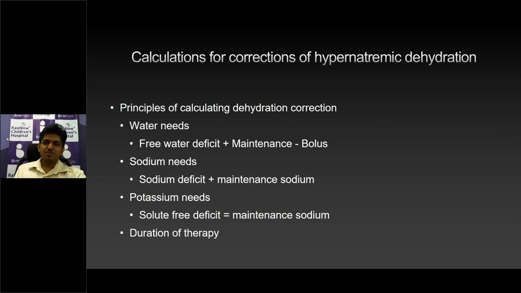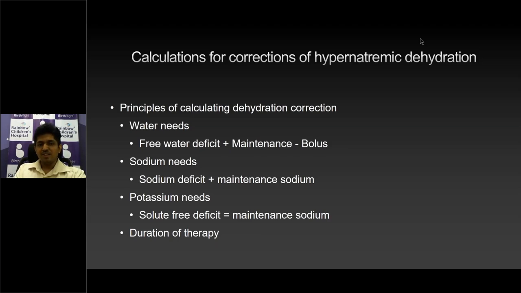If you go into specifics of calculations of hypernatremic dehydration, we calculate these in ICU settings separately: what is the water need, what is the sodium need, what is the potassium need, and how much duration we are going to use to correct the hypernatremic dehydration. The water need is usually the free water deficit plus maintenance minus the water that we had given through the bolus for correction of intravascular volume.